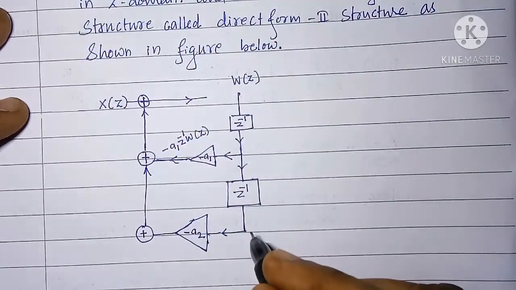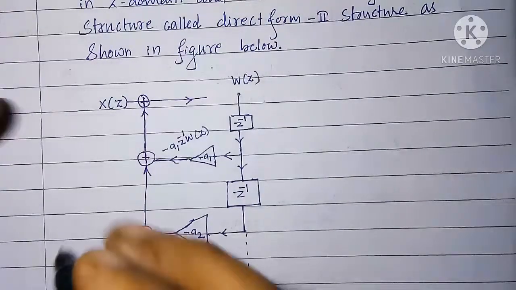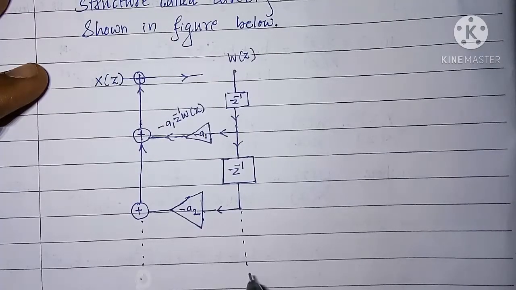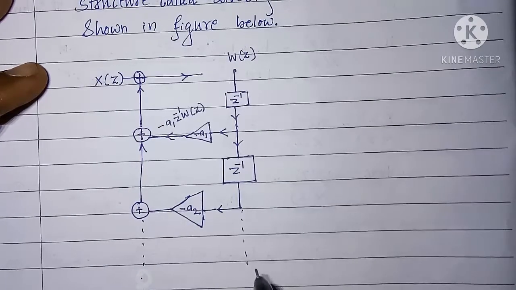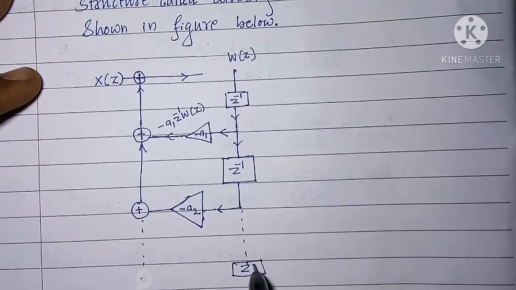Now I will show here z raised to minus 1, and here I will show the gain, and minus an I will write here.